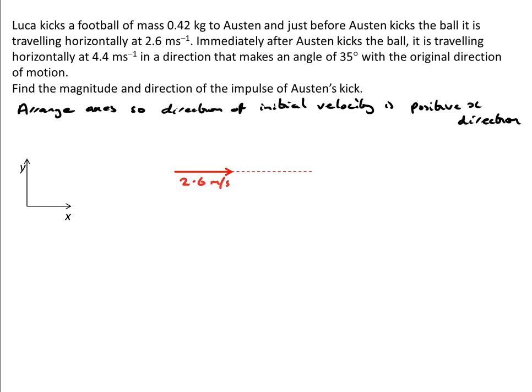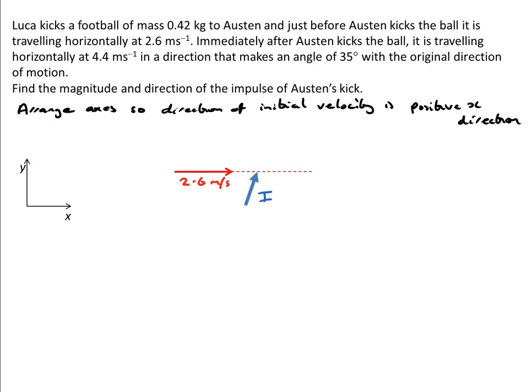So our initial velocity is 2.6 meters per second in the positive x direction. After Austin has kicked the ball it is moving horizontally at 4.4 meters per second, making an angle of 35 degrees with the original direction of motion.